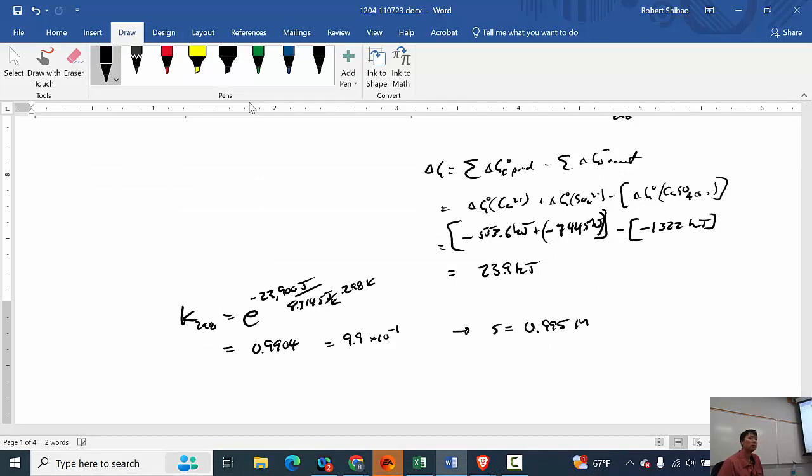For K, I'm getting 6.46 times 10 to the negative 5. Yeah, 6.46 times 10 to the negative 5. Oh, I forgot to convert to joules. Okay, let's try that again then.